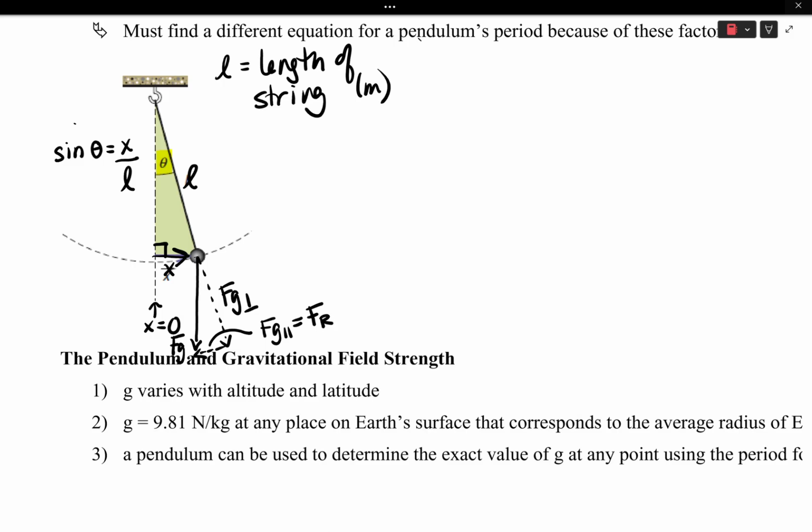Okay, and if we want to solve for F of G parallel, we're going to use the same angle here. That's the amplitude that we pulled back on the bob, or we pulled the bob through that angle. Again, this is a right angle triangle. So if I take a look at my F of G parallel, it's going to be F of G times the sine of theta.